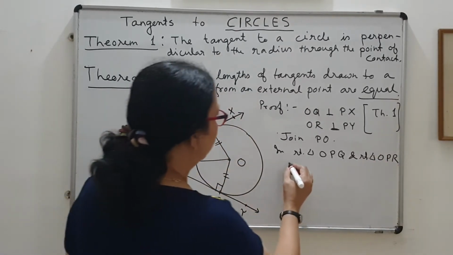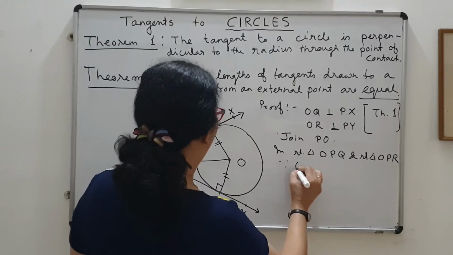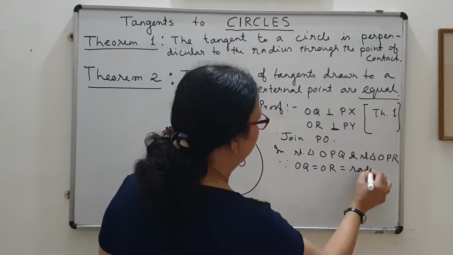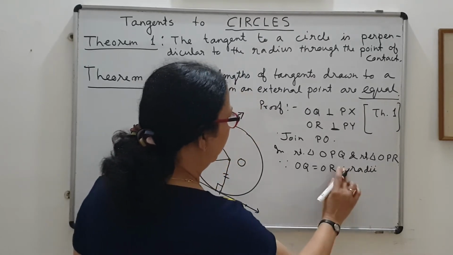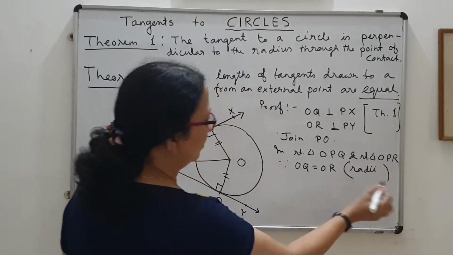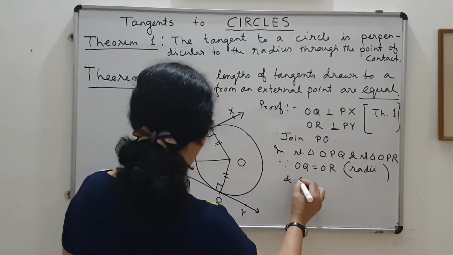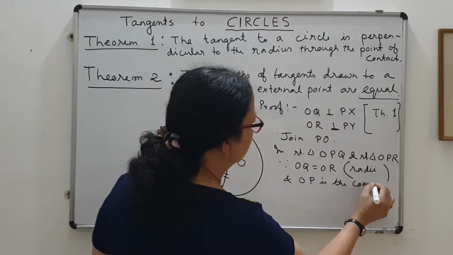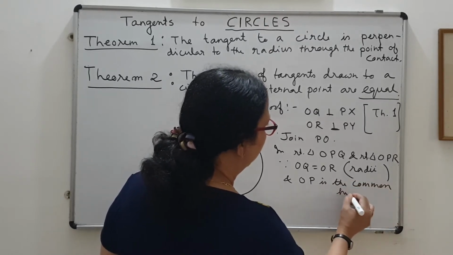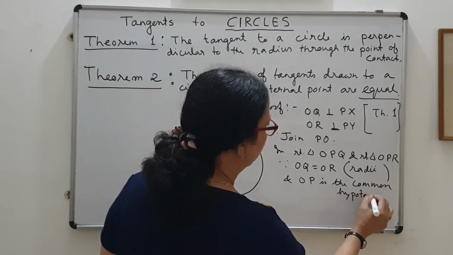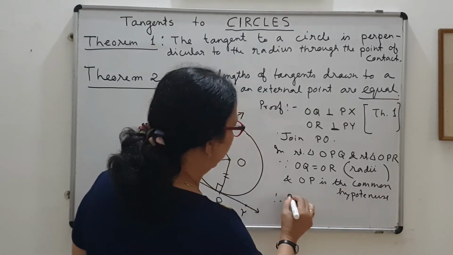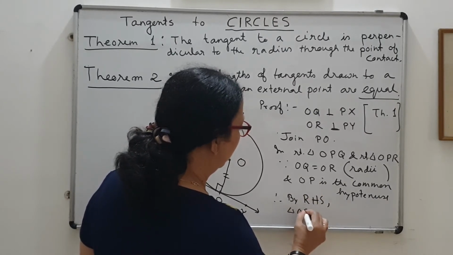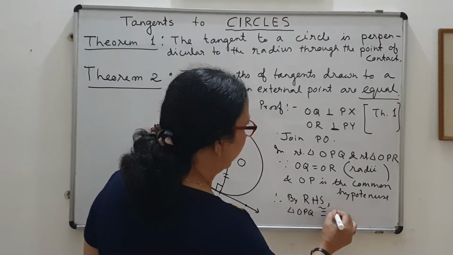Since OQ is equal to OR, both being radii of the same circle, and OP is the common hypotenuse, therefore by RHS, triangle OPQ is congruent to triangle OPR.